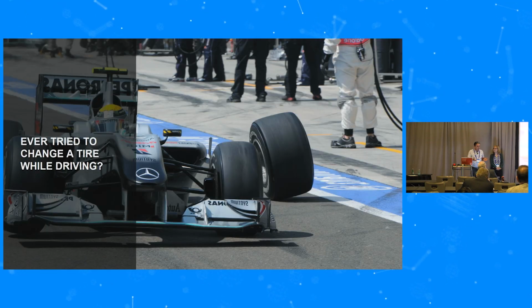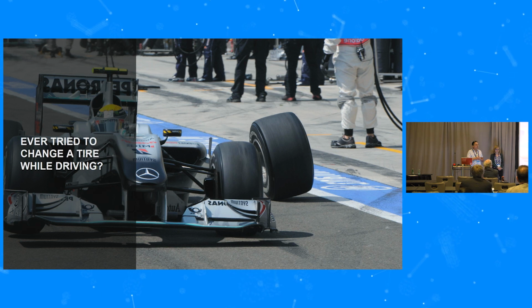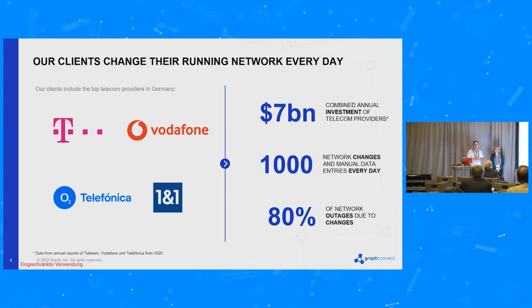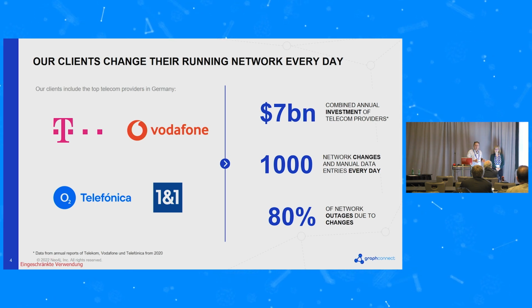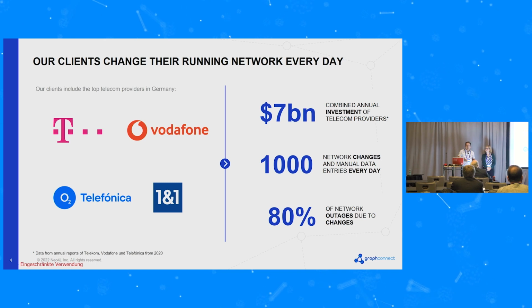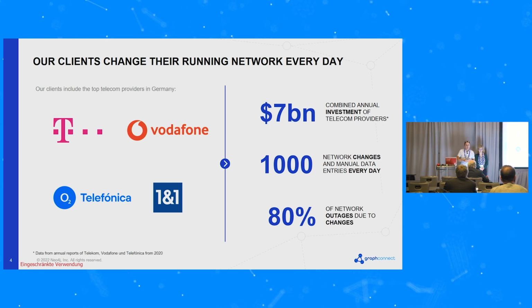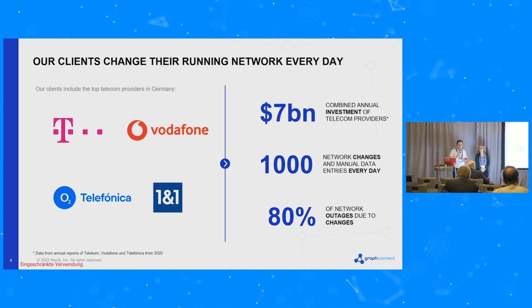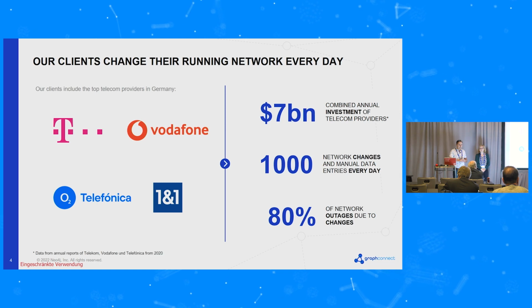If you ever tried to change a tire while the car is driving, it is so complicated. But our customers, the operators, must do this. They have to change their network while the network is running. Customers do not accept frequent outages, and they have to change the network. About 1,000 changes per day, in the transport domain alone.